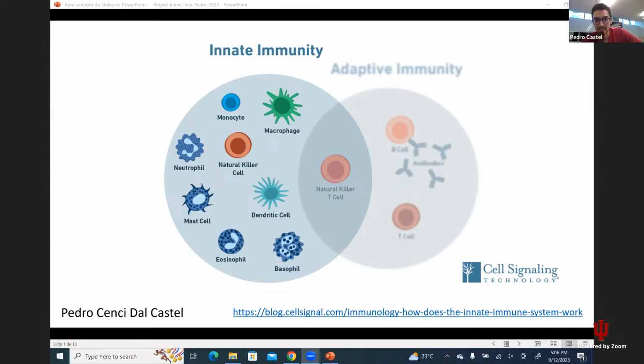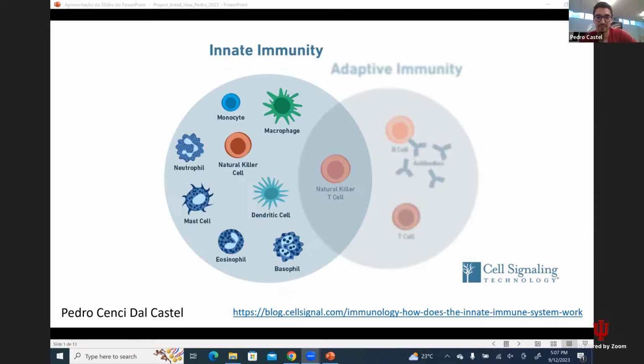On the other hand, adaptive immunity has a memory. So it is in fact an intelligent system. If you infect once, it will respond in a certain way. If you infect again with the same pathogen, it will respond better, right?